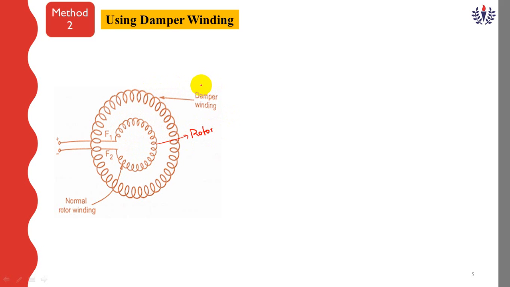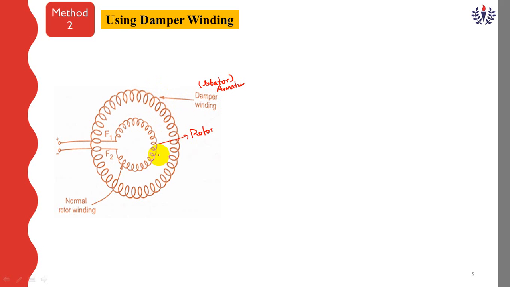Damper winding means an additional winding connected in the stator, in the armature. In the armature there are stator windings. In addition to that, we have to connect this winding.